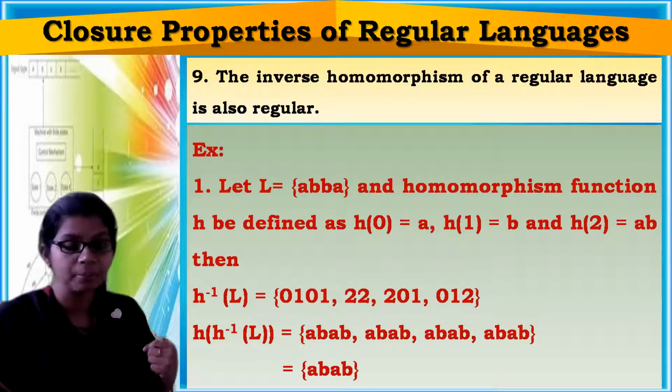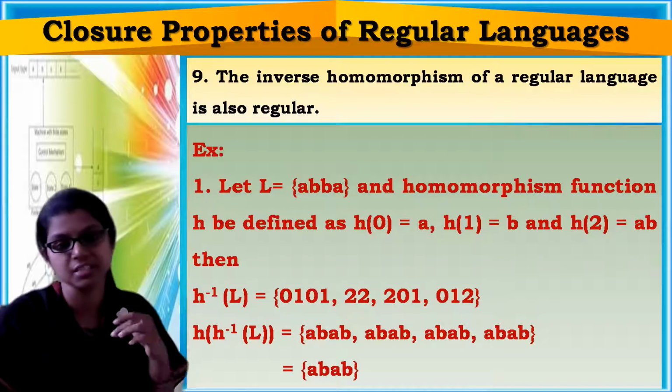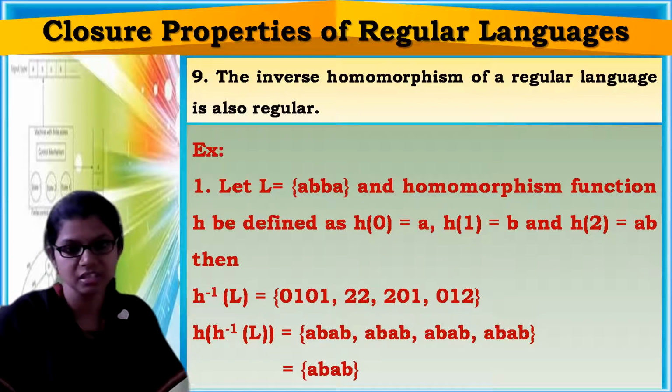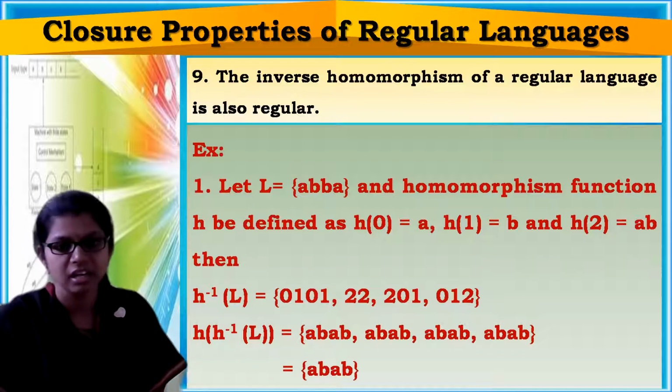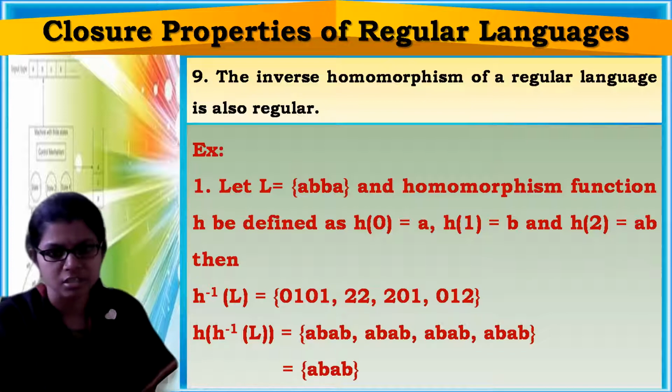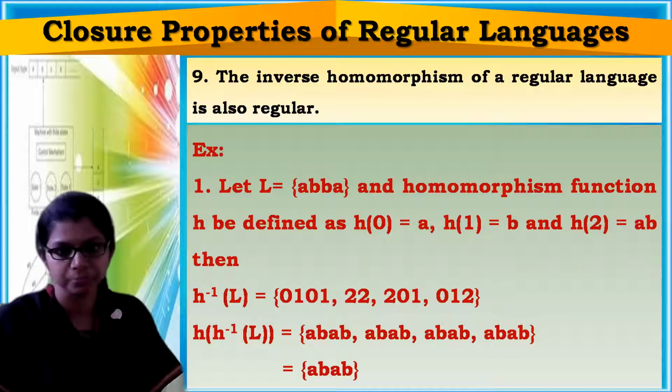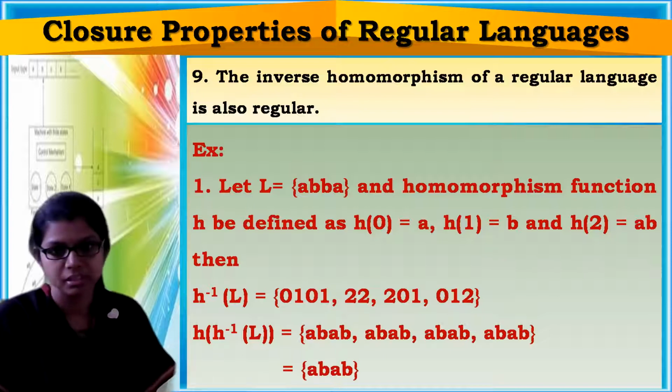Now when you apply the homomorphism function to this inverse, for 0101, in place of 0 you can use A, in place of 1 you can use B, in place of 0 again A, in place of 1 you can use B. For all four, 0101 you are getting ABAB, 22 ABAB, 201 ABAB, 012 ABAB.